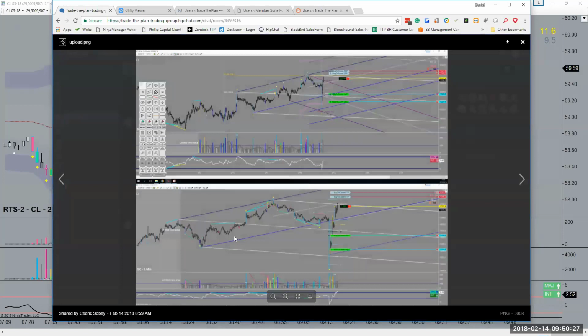I wouldn't expect gold to make it all the way back down that far. You might get a bit of a retracement, but I don't think I would expect that. This is the typical V bottom out of a report.